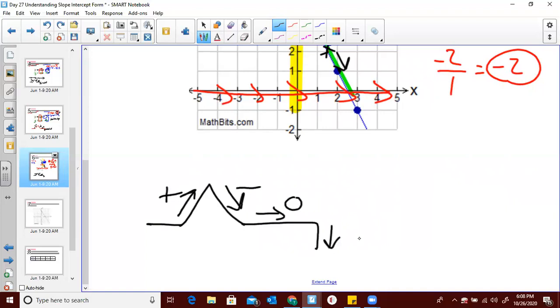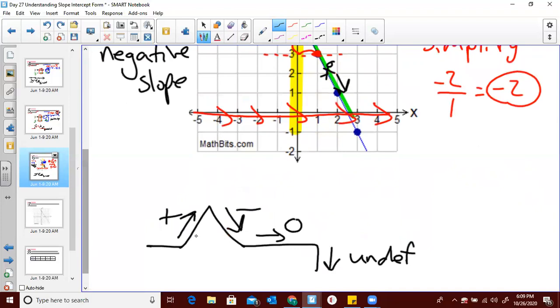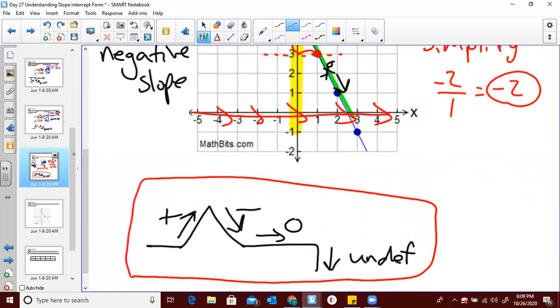And if you're going vertical, it is undefined. So we can tell that this is a negative slope. All right? So memorizing this will help you a lot on the test and the exit tickets.